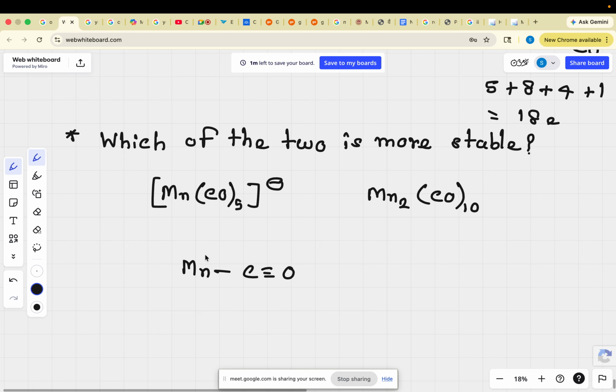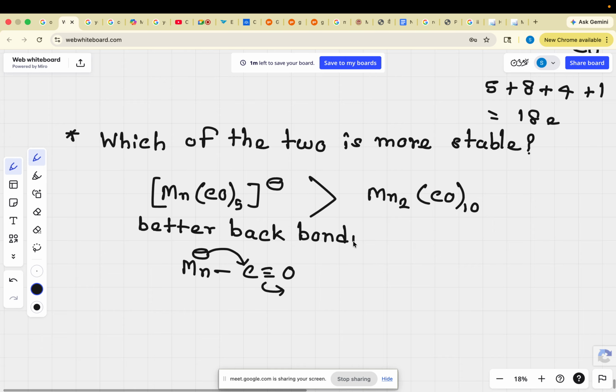So that is the thing. If you have negative charge on the metal center, it can back donate the electrons, and if it back donates the electrons, this metal-carbon bond becomes much more stable or much stronger. So this one is more stable. Write down just here: better back bonding.